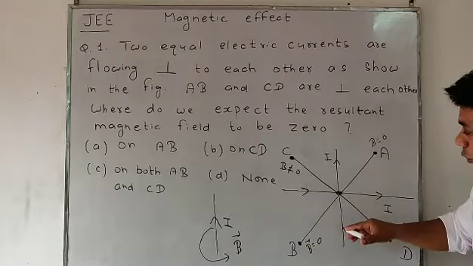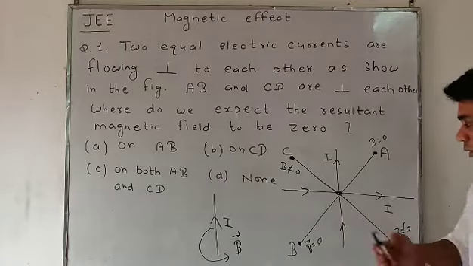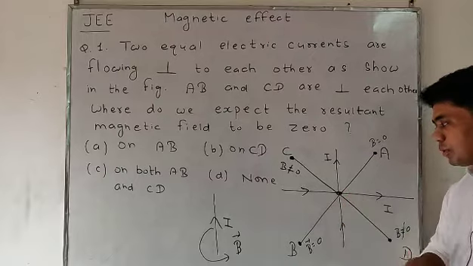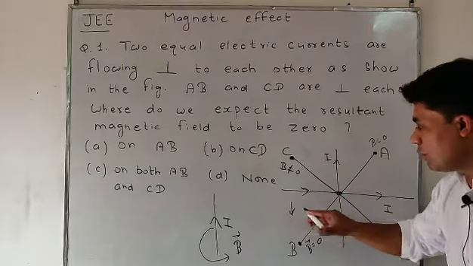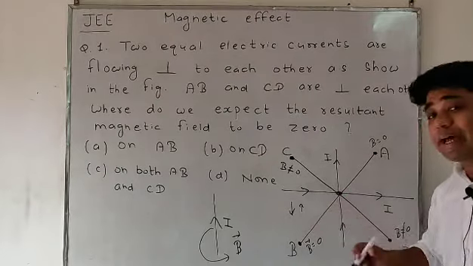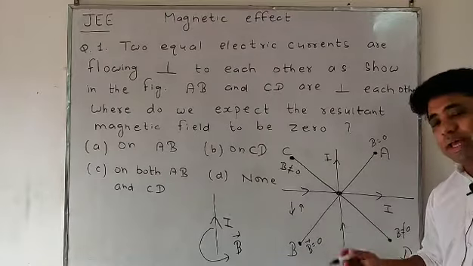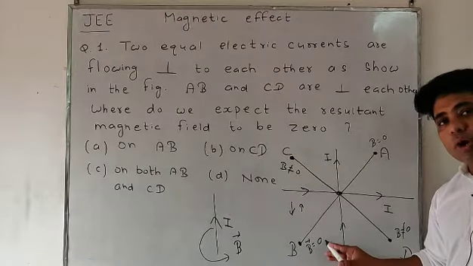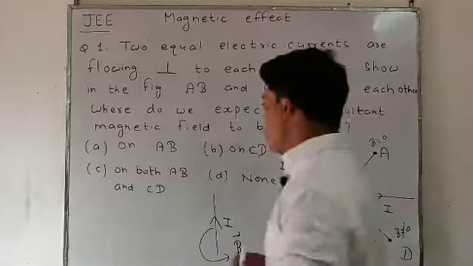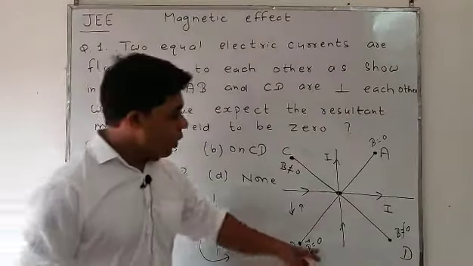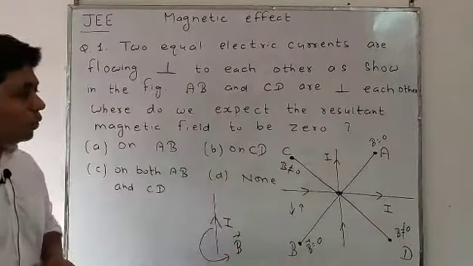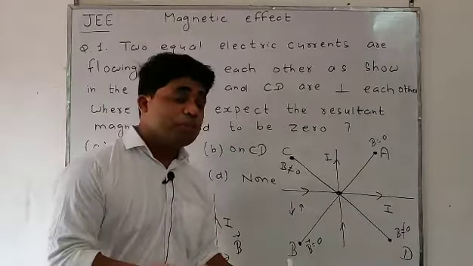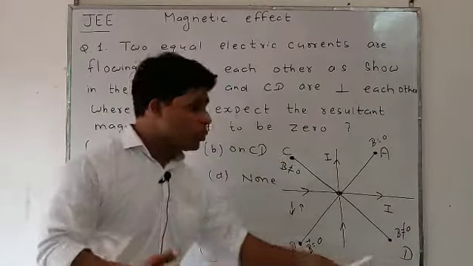And due to this, the magnetic field is in the outward direction. Due to this, inward; due to this, outward. As per the right hand thumb rule, both will cancel each other, so the net magnetic field will be zero. So we got that at both points A and B the magnetic field will be zero, and at C and D it will not be zero.